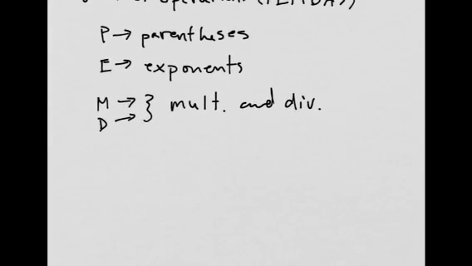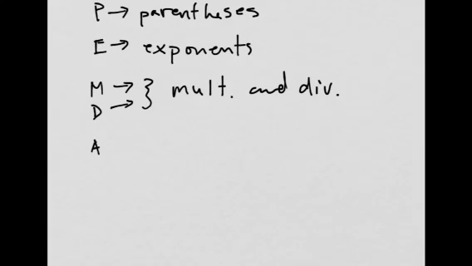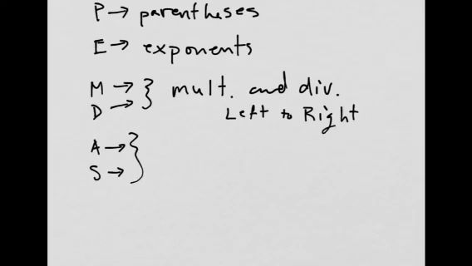Multiplication and division, and then addition and subtraction. Those also can go at the same time. This is from left to right. That's how I do it. Left to right. And same with the other one, addition and subtraction. Those you do at the same time, and you do it from left to right.